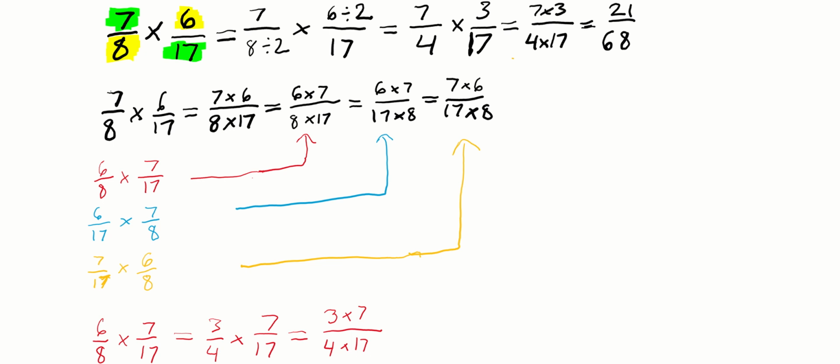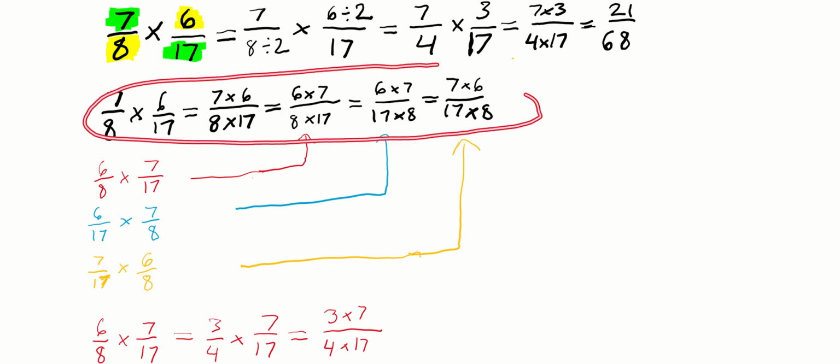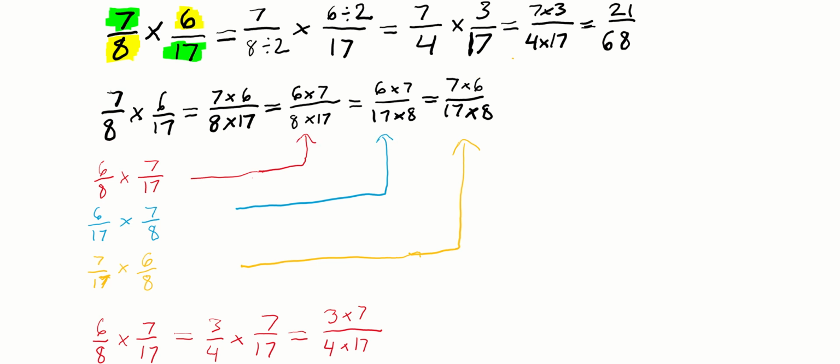And in fact, from the work we did up here, showing that this multiplication is commutative and this multiplication is commutative, we can then say that 3 times 7 all over 4 times 17 is equal to 7 times 3 over 4 times 17.